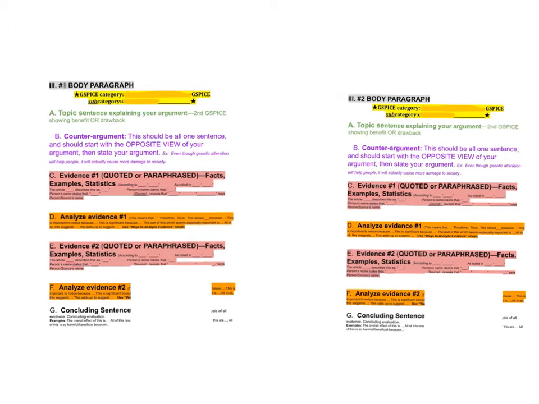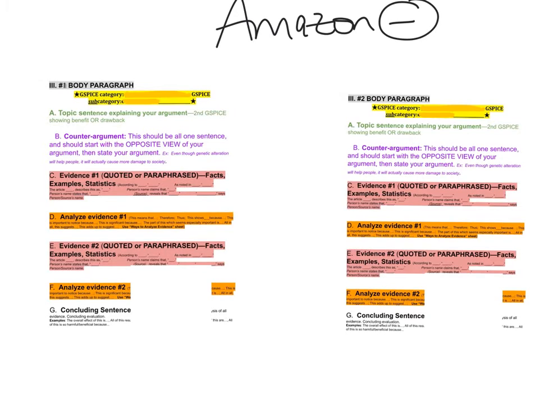So let's say that you're writing about Amazon and you have decided that after thinking about Amazon that it is more detrimental to the world in its globalization. And you said, okay, so my first body paragraph is going to be about the geographic issues, and that would be, in this case, environmental.